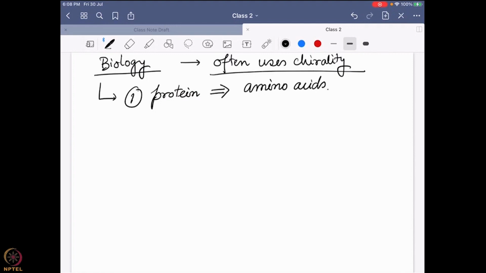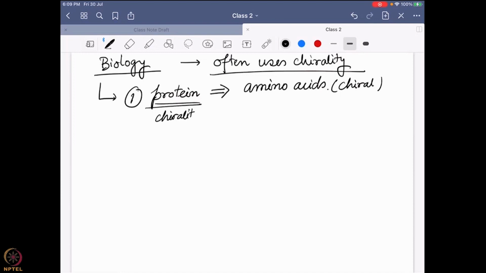We'll come in a few minutes to the fact that there are 20 different naturally occurring amino acids present in biology. And except one, all of them are chiral in nature. So if the building block itself of the protein is chiral, obviously the molecule they are going to produce is also going to be chiral. So this protein structure actually has chirality.